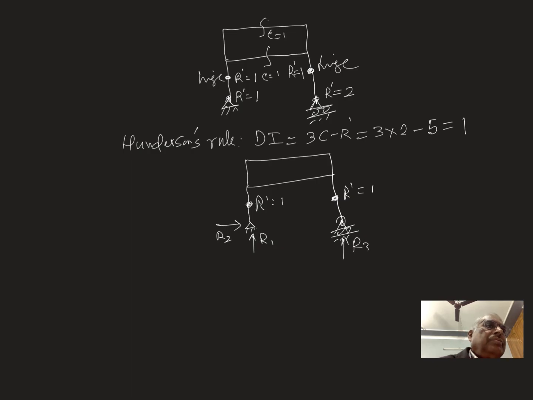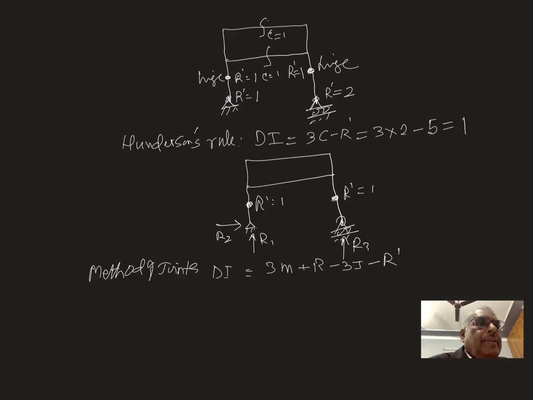Now you have to find out by method of joints. I am applying it. So what is DI, the degree of indeterminacy? 3M plus R minus 3J minus R dash. How many members? 1, 2, 3, 4, 5, 6. There are 6 members.